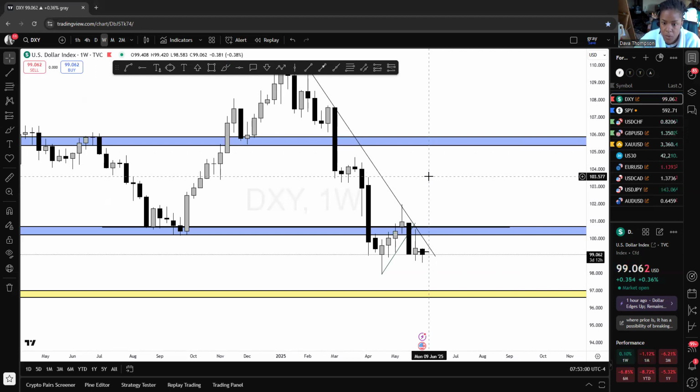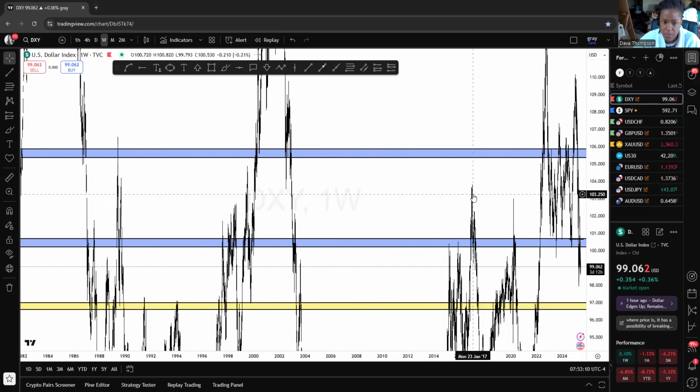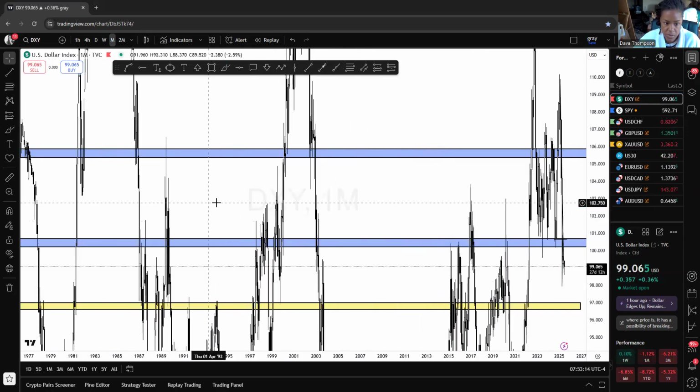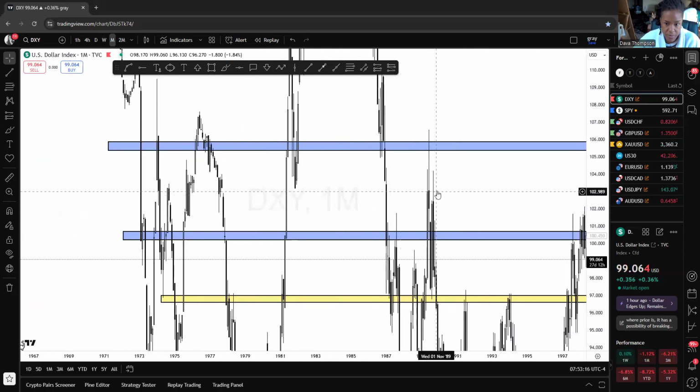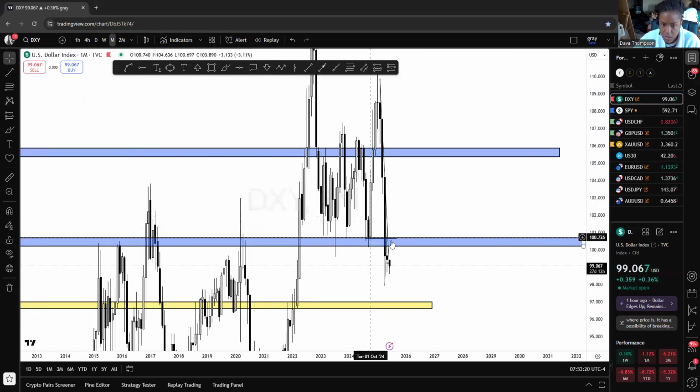So now I want to see, okay, key level, fib, and the counter trend line break. This level here, this blue level, is based off of support and resistance on the monthly time frame. So you see, let me go more recent.